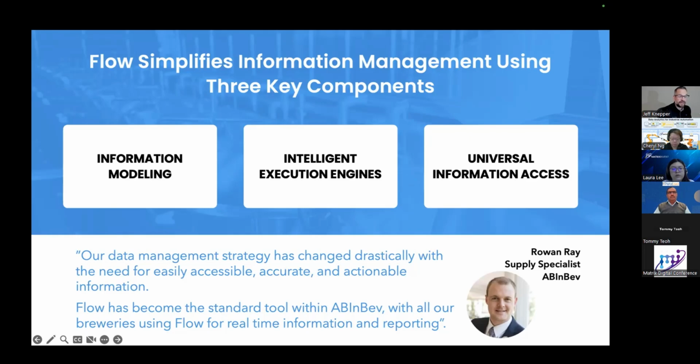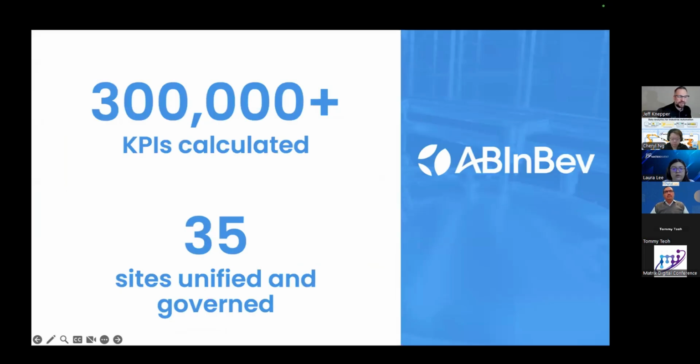And Flow has become the standard tool within AB InBev, with all of their breweries using Flow for real-time information and reporting. Now, what that means for AB InBev is that every day Flow is calculating over 300,000 individual KPIs across 35 different sites inside of their zone.